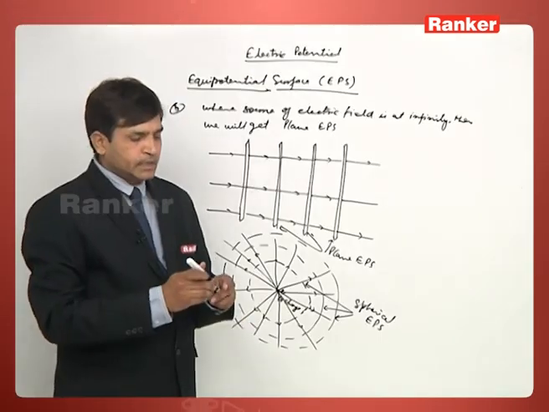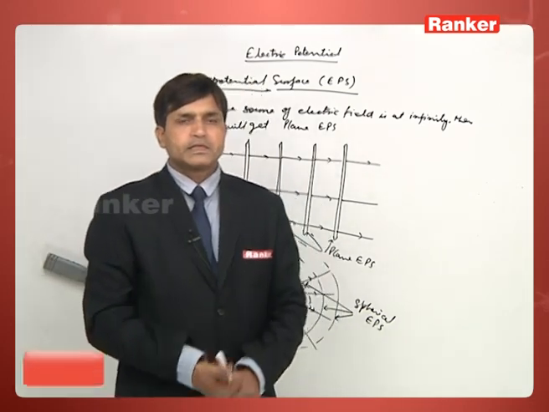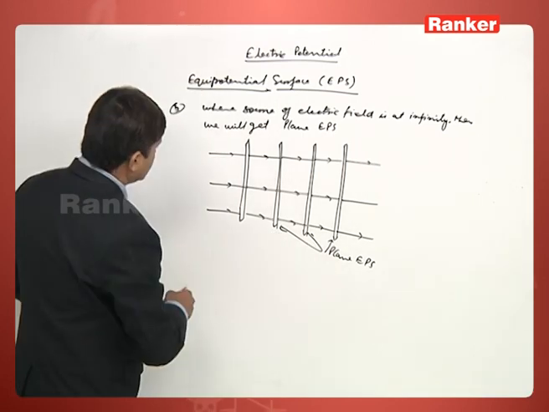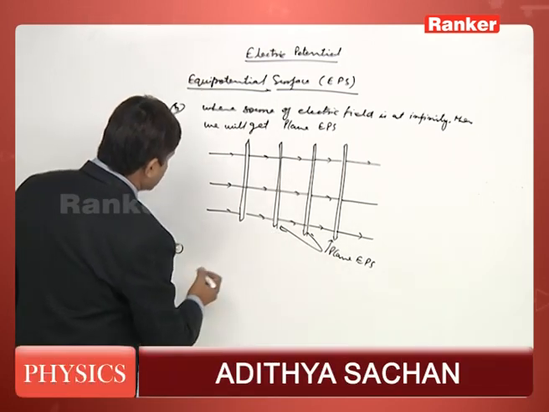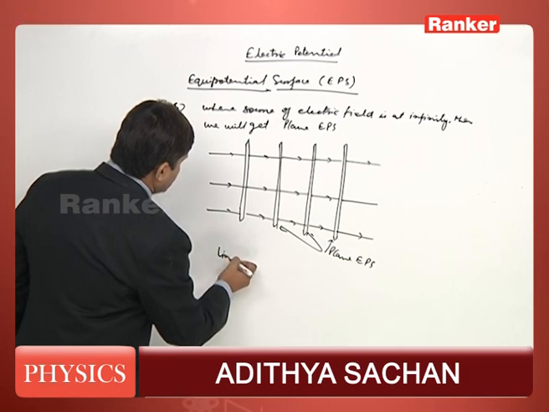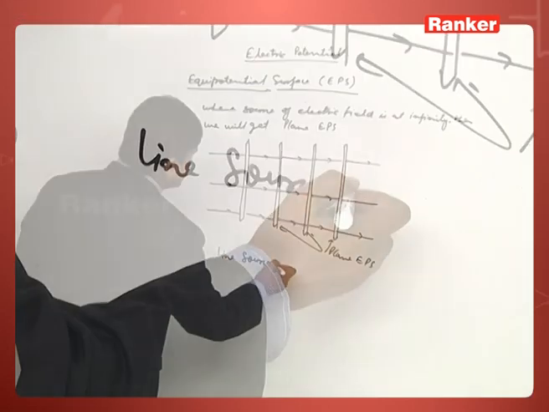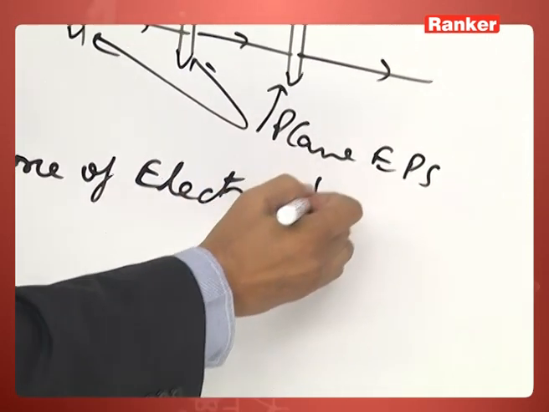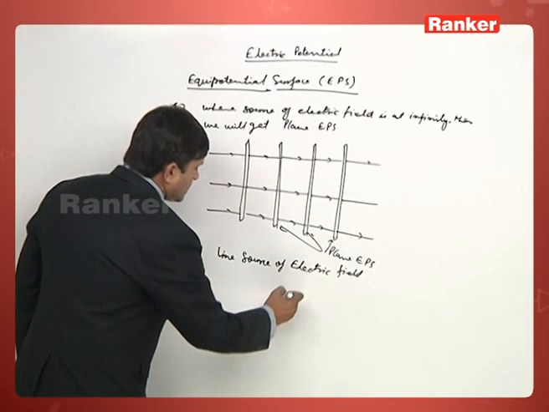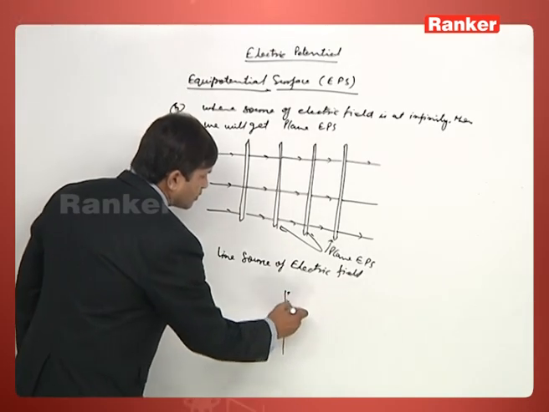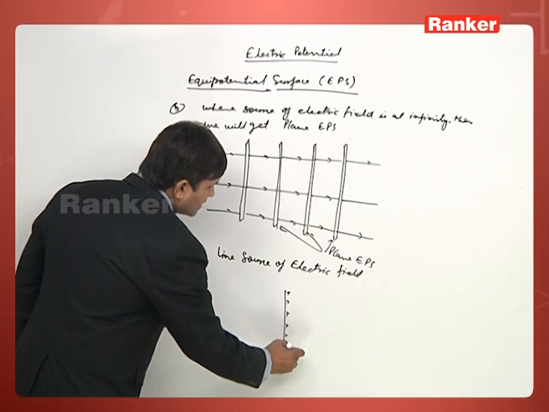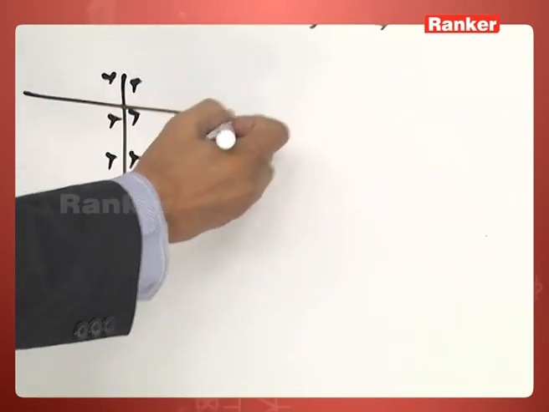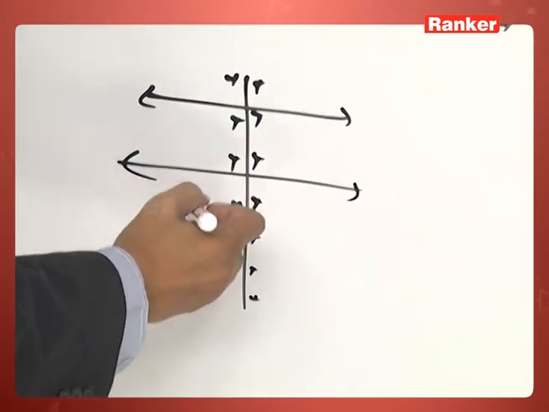Similarly, if we are considering a line source, then see the shape of the EPS. Let this be any charged body or linear charged conductor, and this is producing an electric field like this.